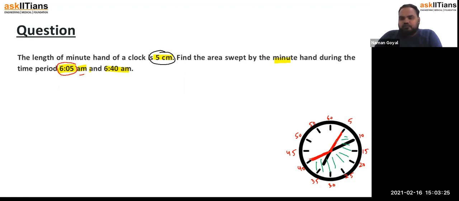As we know, every minute the minute hand covers 6 degrees. Now how many minutes does it cover? 5, 10, 15, 20, 25, 30, 35.